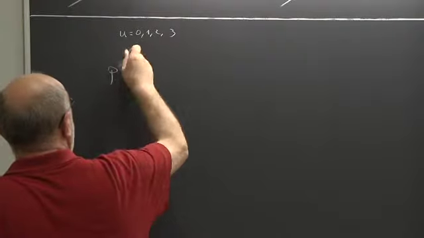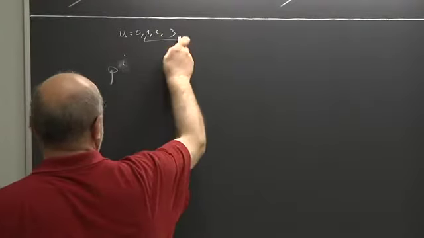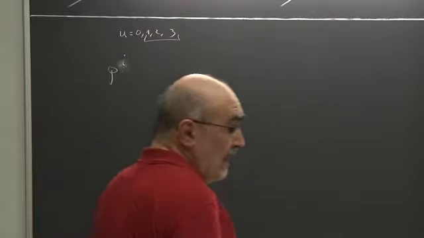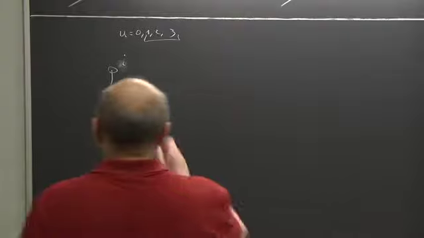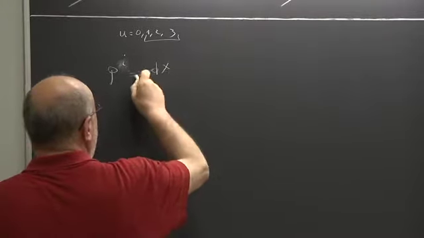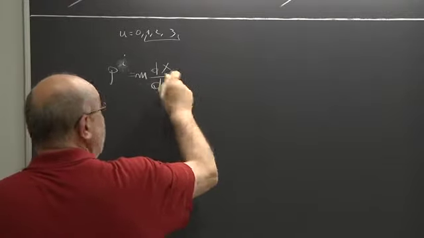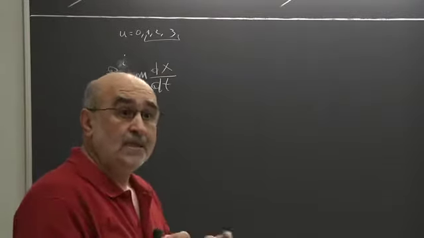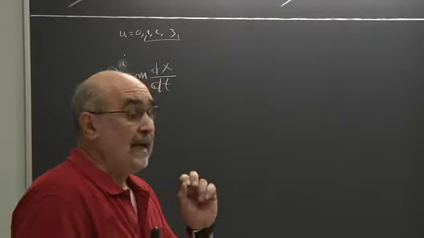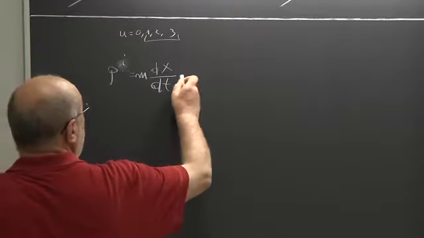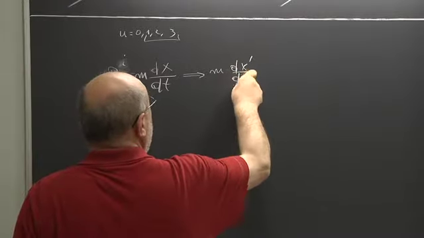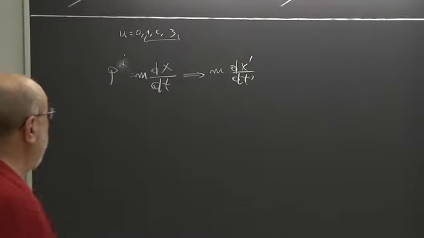When I use the index i, I have only the space components. This is the time, this is the space component. What we did at the beginning was m dx/dt, and that did not work. There is no conservation. But there is also a more important problem: when you do a Lorentz transformation, you change both the numerator and the denominator.